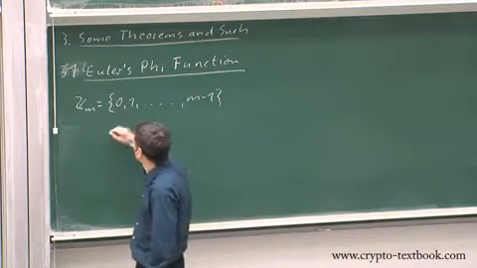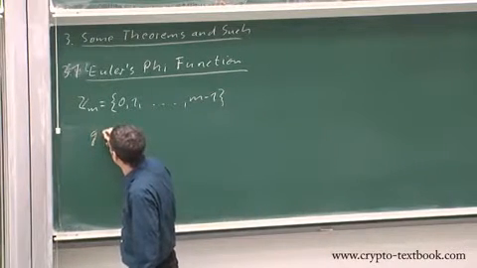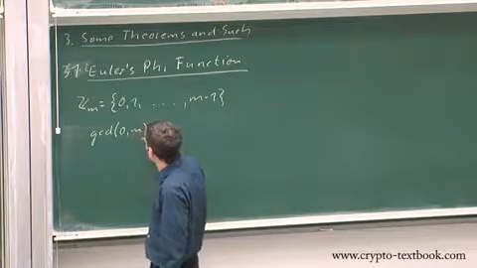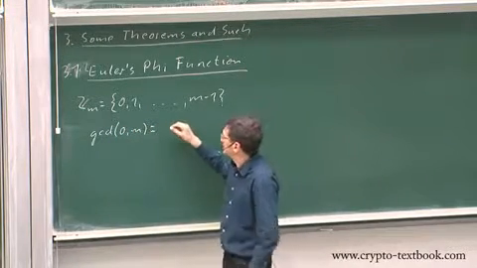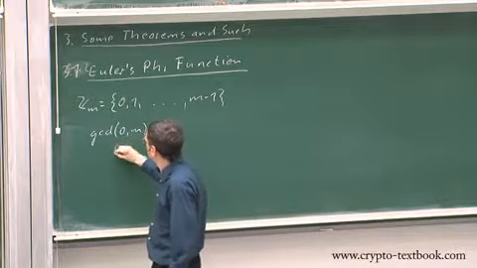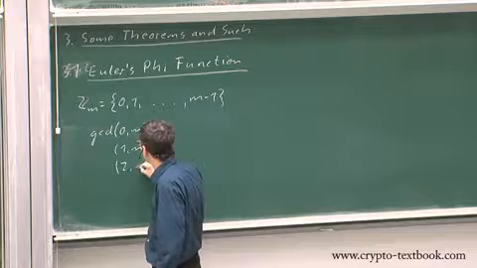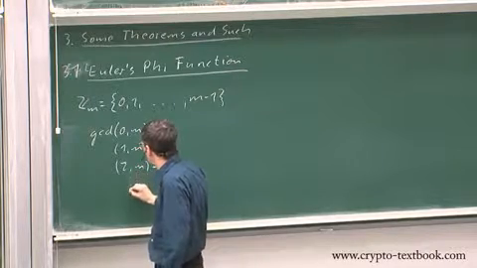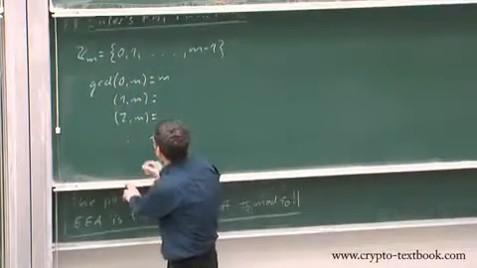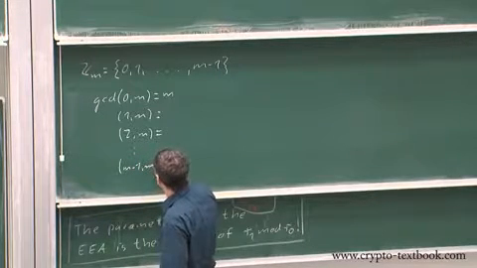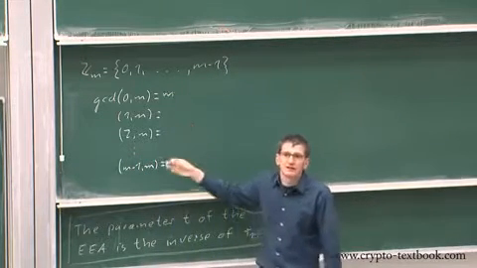That means you compute GCD of 0 and m, which is, by the way, m. And then you compute 1 and m, you get some result. You get 2 and m, you get a result. So you get results, okay?